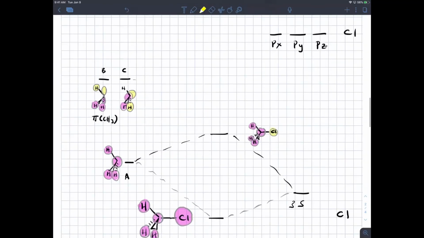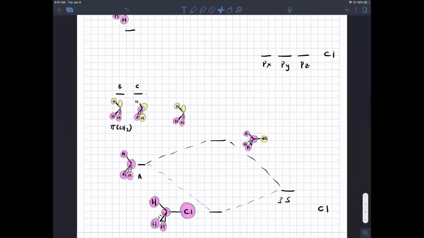What are we going to do with the pi orbitals? Well, a question you could ask is, can we line up this pi CH3 orbital with one of the p orbitals from chlorine? Shouldn't be a huge deal, right? Should be pretty straightforward.